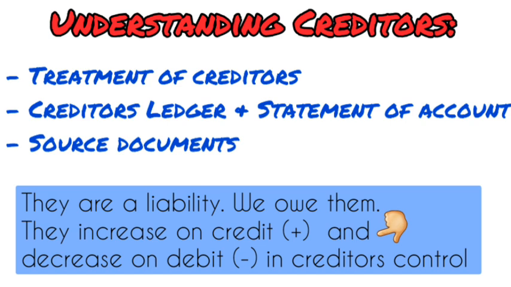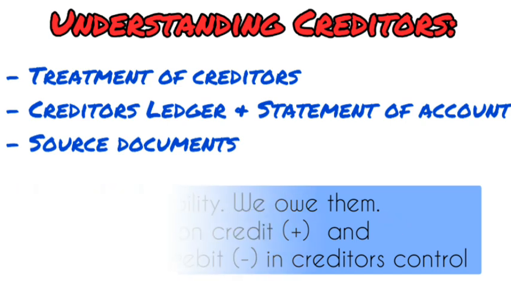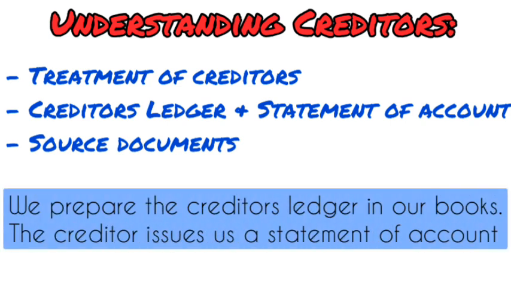So that's why anytime you buy on credit, that amount is going to be increased on the credit side of your creditors control, and anytime you come back to pay your creditor, it is now going to be debited on the debit side. Then we move on to what we call a creditors ledger.